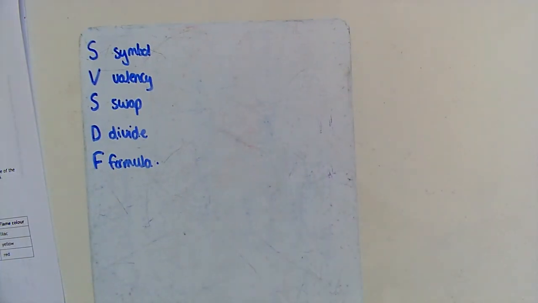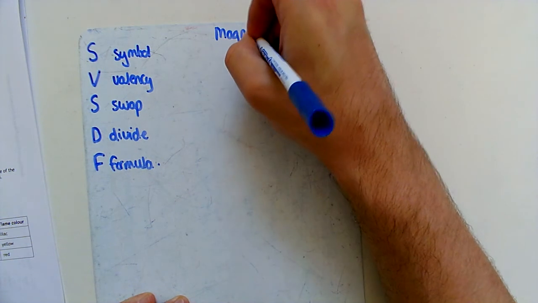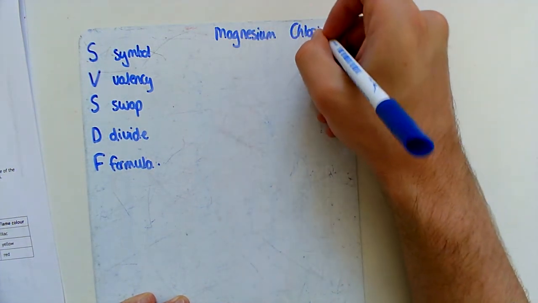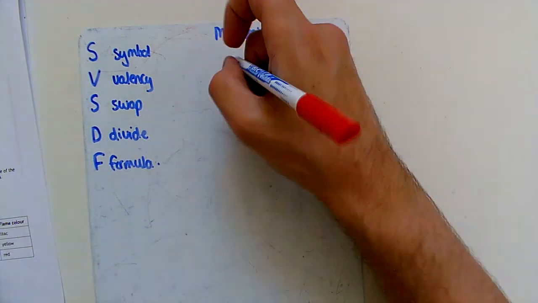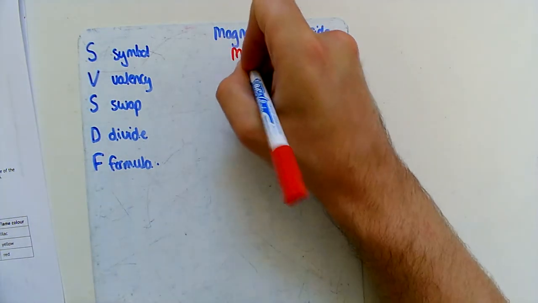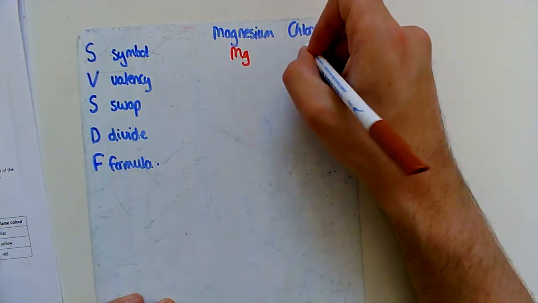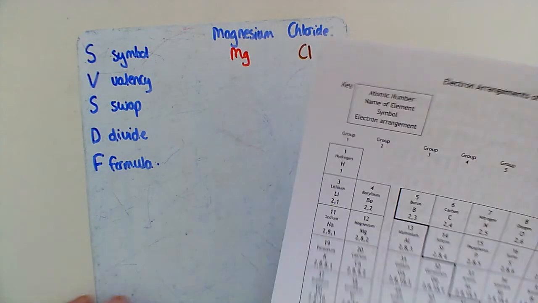So let's start with a chemical, magnesium chloride. Now we're going to do symbols. The symbol for magnesium is Mg. The symbol for chlorine is Cl. Now, this is where we need to look at the data booklet.